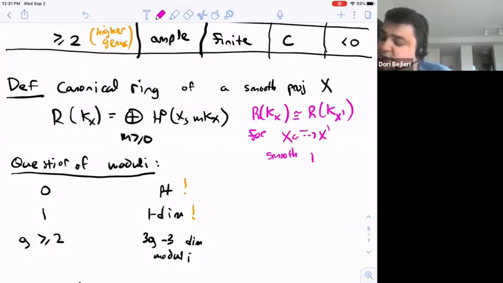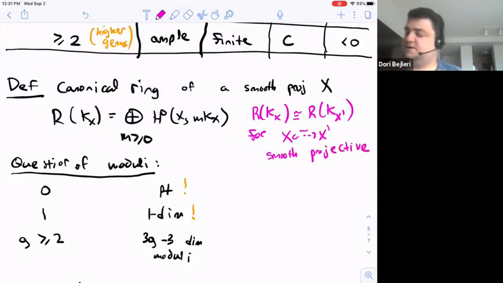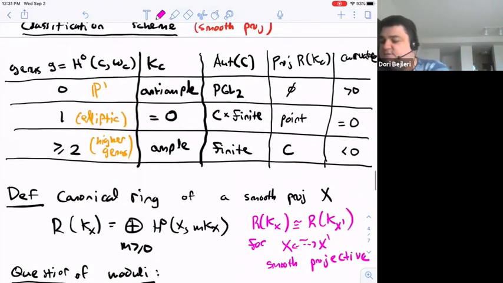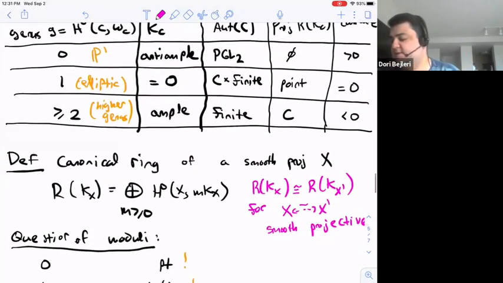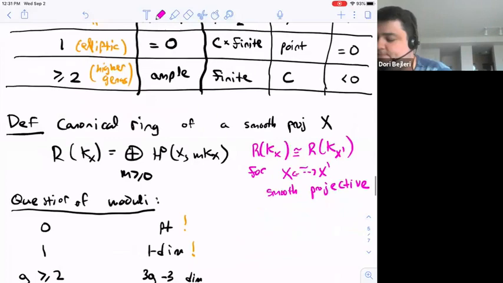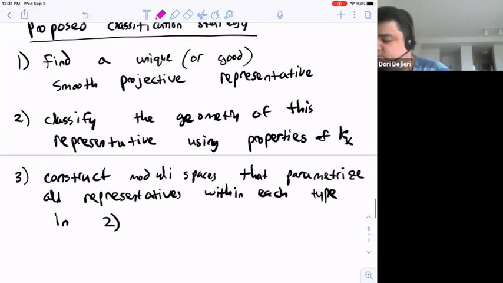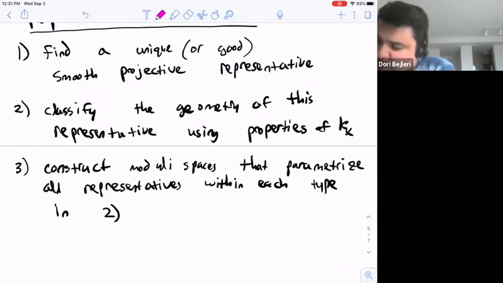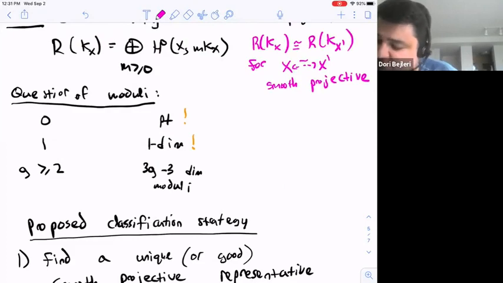So if they're both smooth projective and birational, then these canonical rings are isomorphic. So that's one reason, other than the fact that it works in the case of curves, that's another reason to expect that this canonical ring or this canonical divisor is a good starting point for this birational classification. Okay. And yeah, this I'll leave as an exercise.